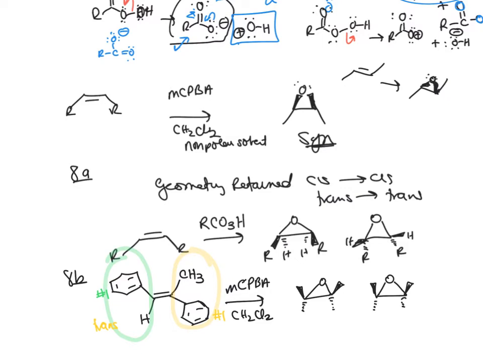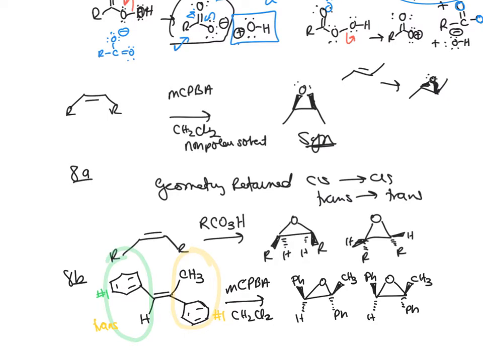And then here you'd want to put your phenyl. So write phenyl and a hydrogen, and you want phenyl and a CH3. And here you want phenyl and a hydrogen, and you want CH3 and phenyl. And that's how you show your retention of stereochemistry.